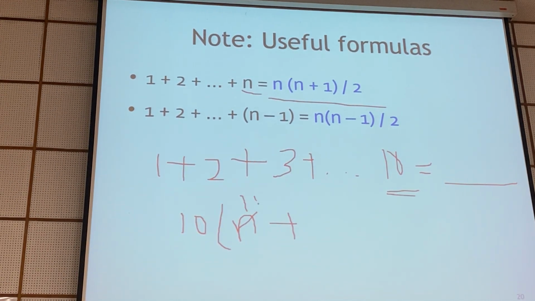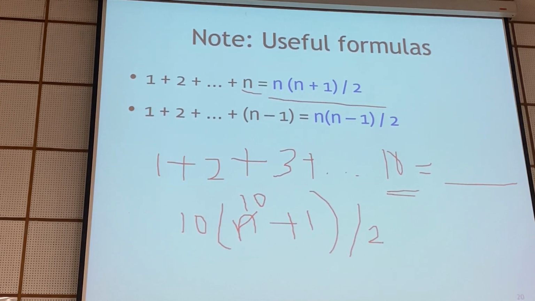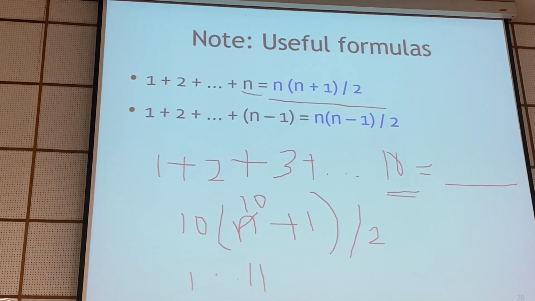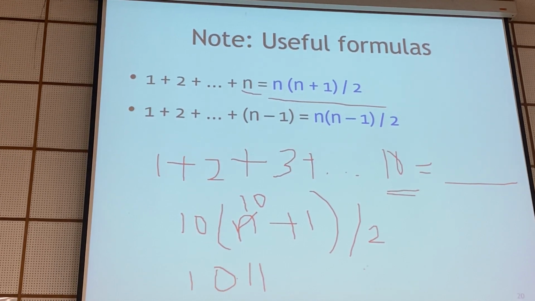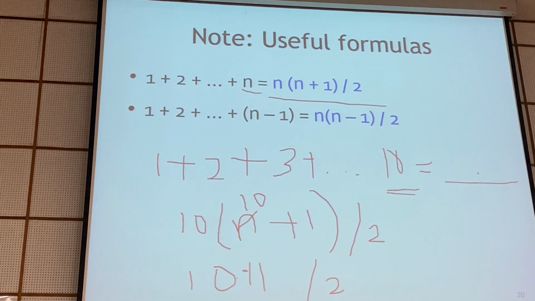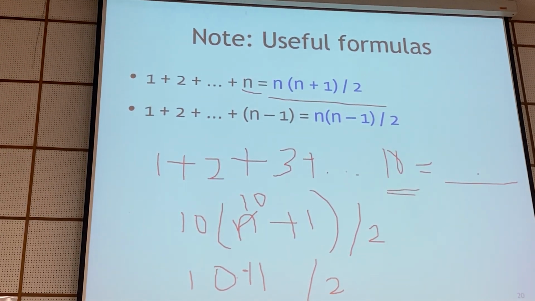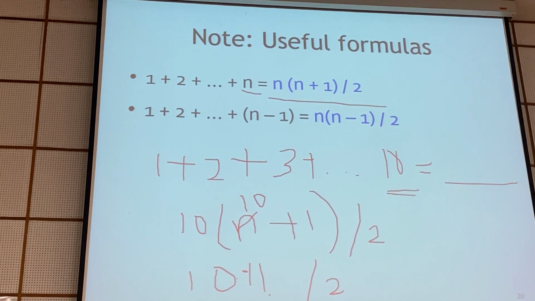This is very much like the arithmetic formula. So here, 11 times 10, divided by 2. What's the answer here? Can you check? Anyone? So this is 110 divided by 2.